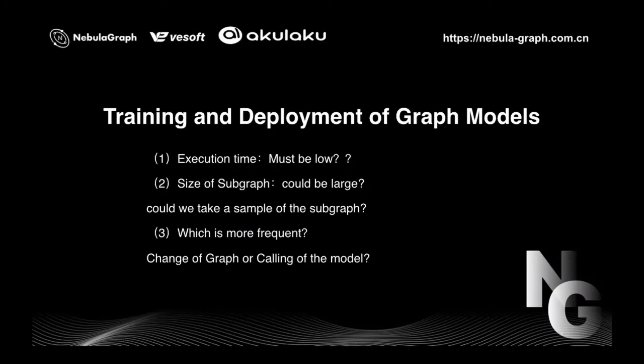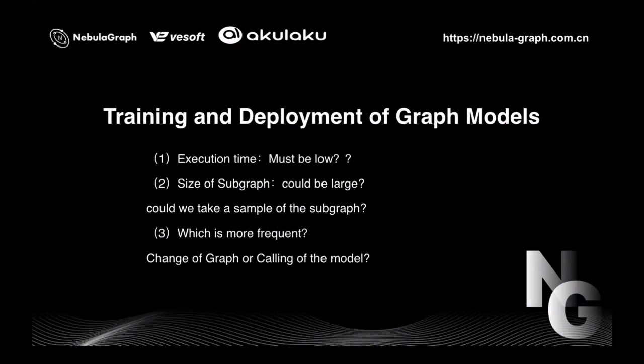Could the subgraph be exceptionally large, or are we allowed to take some kind of sampling in the process? And third, we need to compare two different updates. First is the change of the graph, and second is the calling of the model, so the number of business calls from the particular scenario. And we need to decide which is larger in our particular use case.